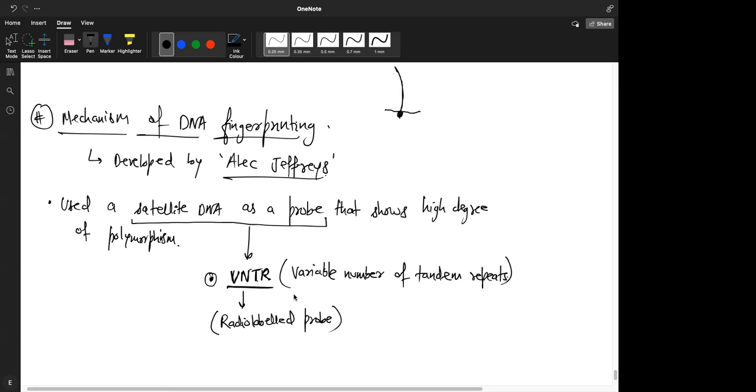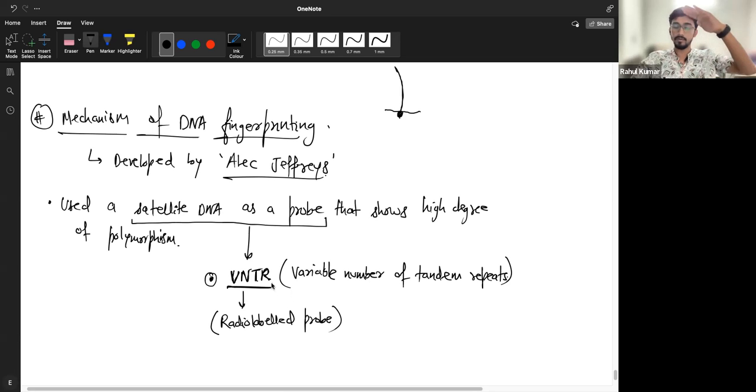You understand? Yes. So on the gel, when you get the bands, the bands will match with the biological father and not match with the one who's not the biological father.